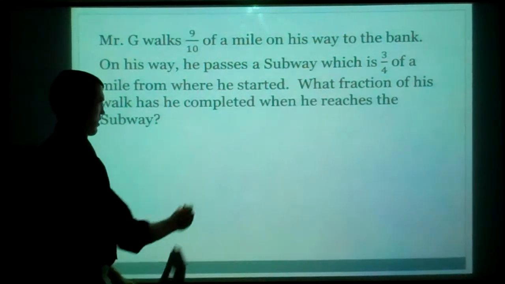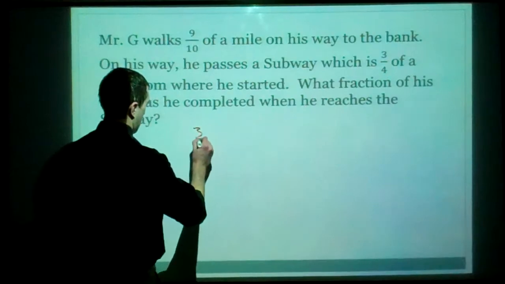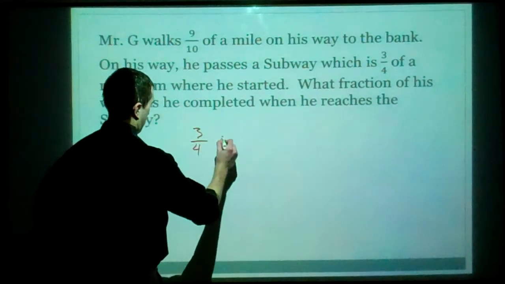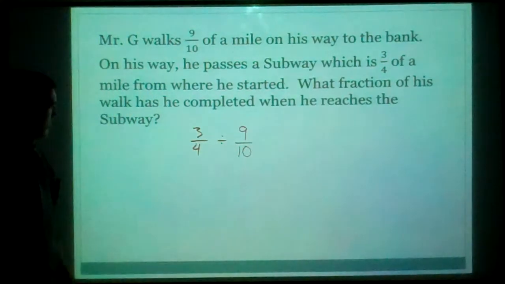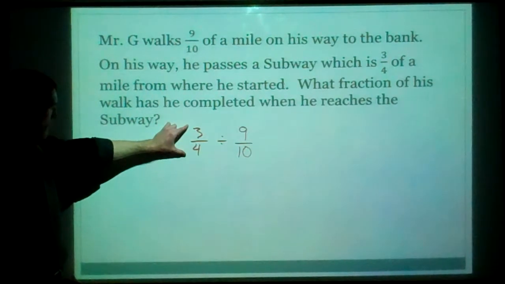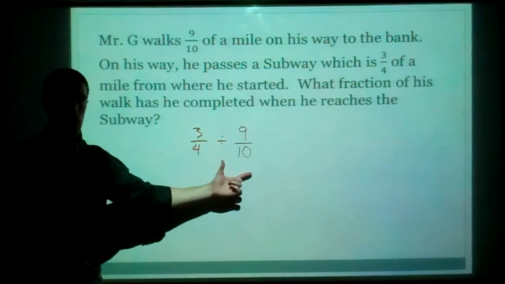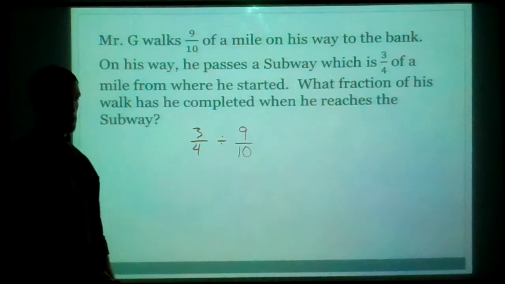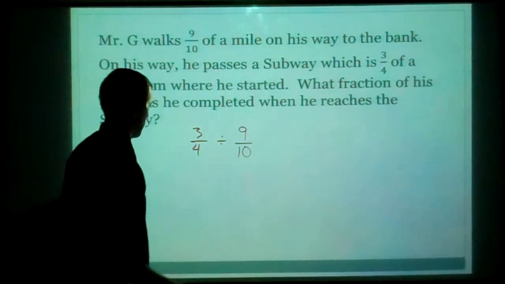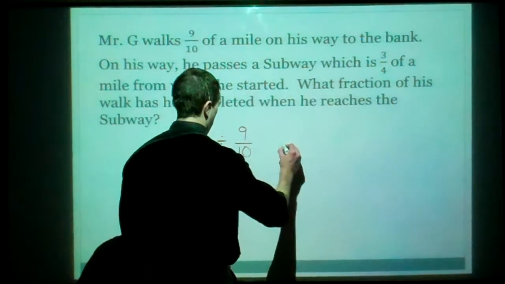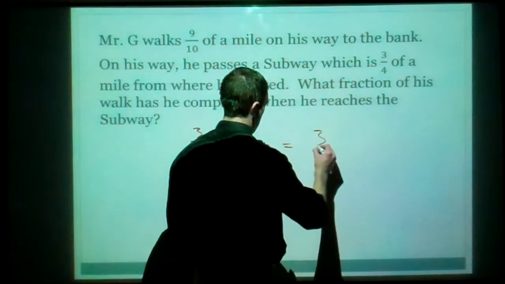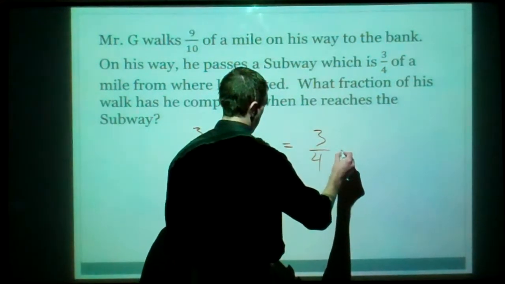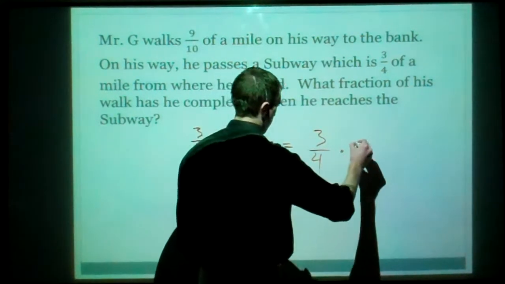But we're going to say 3/4 divided by 9/10. So basically, what fraction of this is our total? Total travel distance, 9/10. So let's follow our rule here. 3/4 times 10/9.